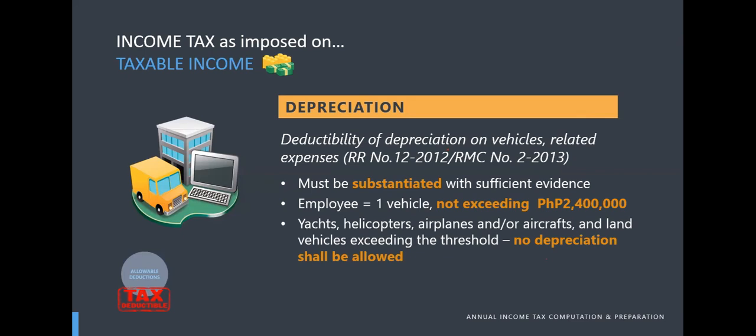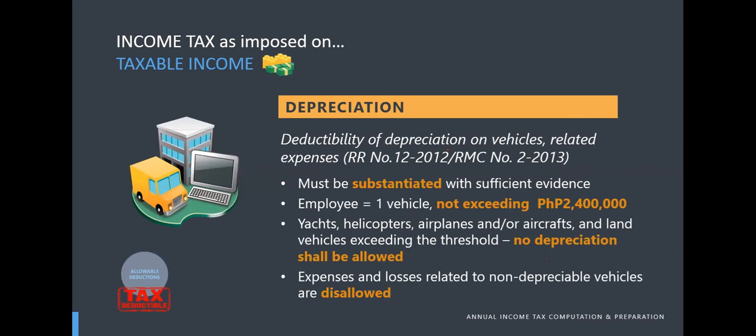These are called non-depreciable vehicles. For these, the expenses and losses related to them are also disallowed. So the amount of depreciation plus the expenses and losses related to the non-depreciable vehicles are disallowed for income tax purposes.